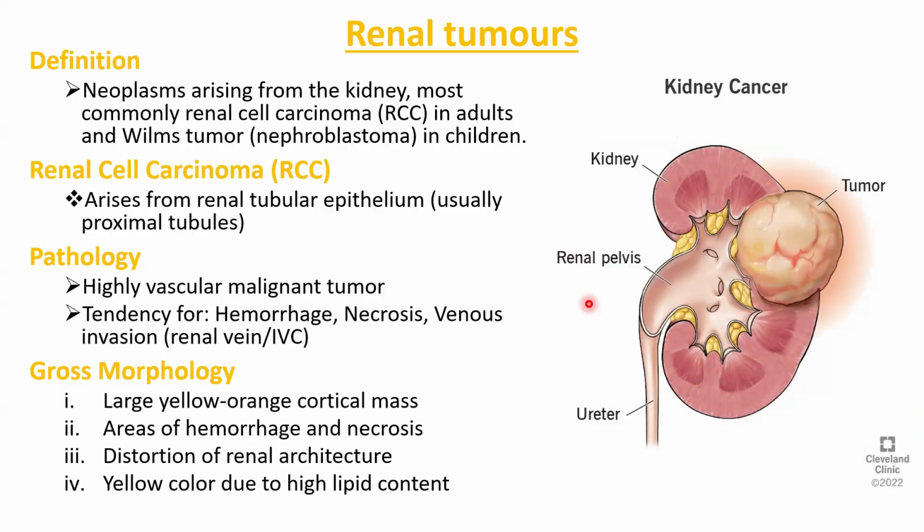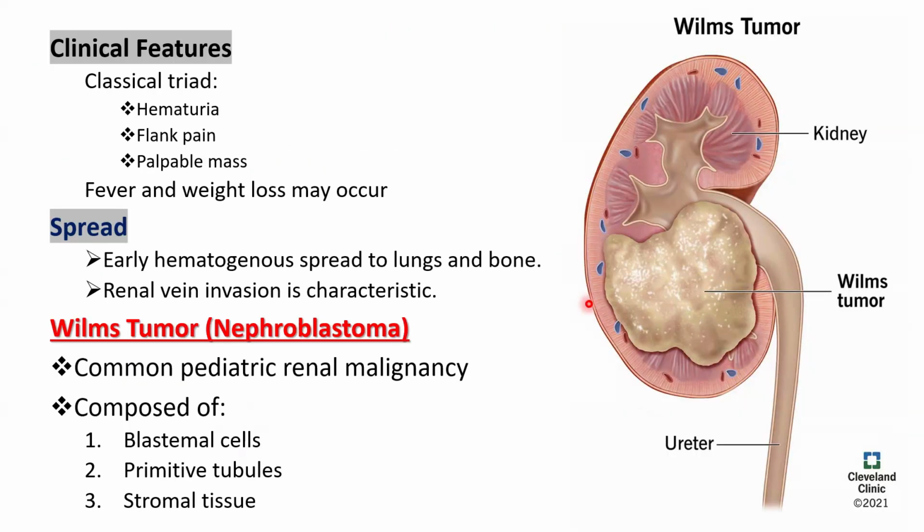Renal cell carcinoma is present in adults, Wilms tumor is present in children. And then renal cell carcinoma has the classical triad, which is hematuria, flank pain, palpable mass. Wilms tumor is actually found in children, and you can see it here.